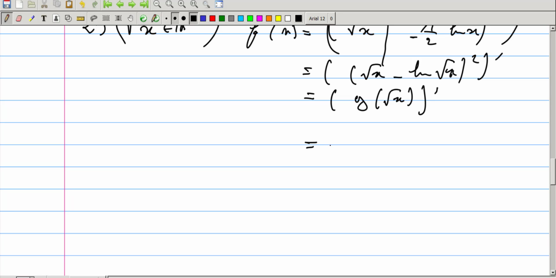In the derivative, it becomes, I forgot to write the square, the derivative of the square of g of the square root of x. We know that when we derive a function squared, we write 2 multiplied by the derivative of what is in the function.